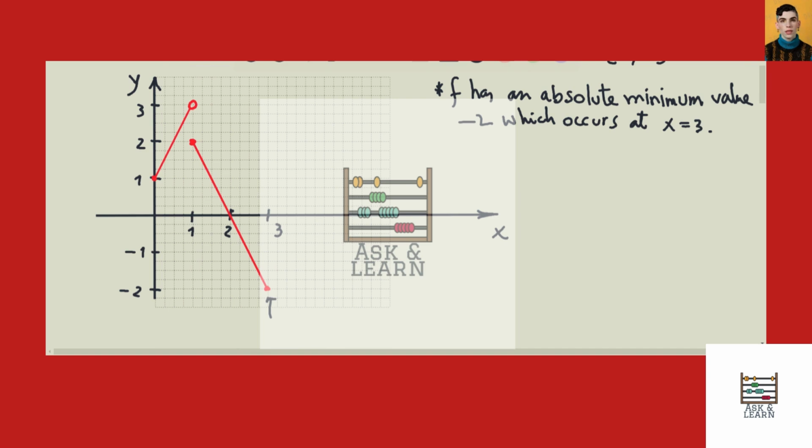With respect to local minimum values, we don't have any because, for example, at this point here, we have no function to the left of that point, so it could not be a local minimum. At this point 1 here, it is not a local minimum because if we take any small interval around 1, there are images that are smaller than the image at 1, which is 2.